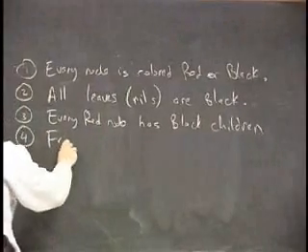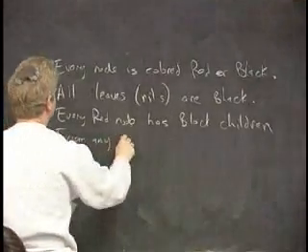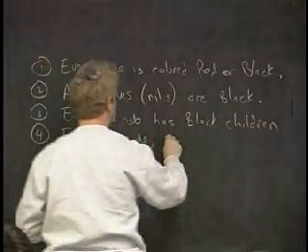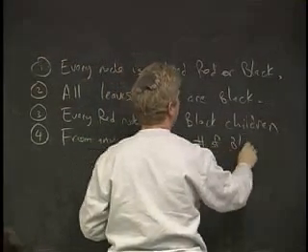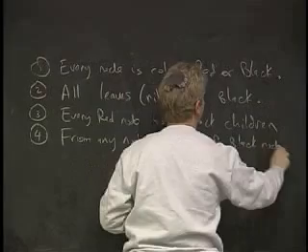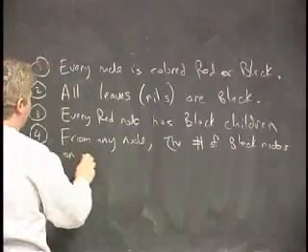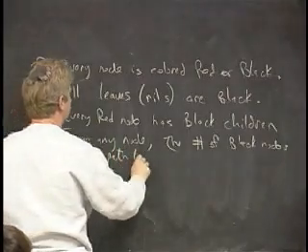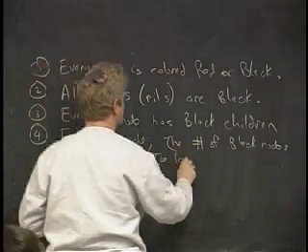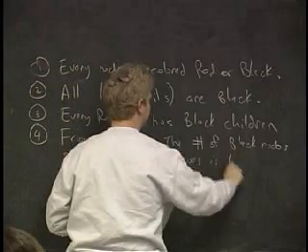From any node, the number of black nodes on any path to the leaves is the same.